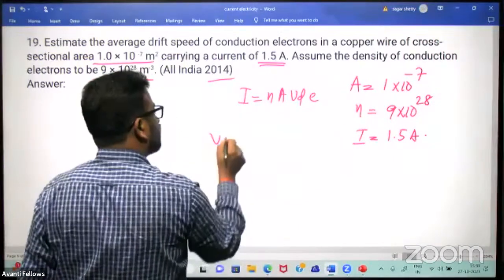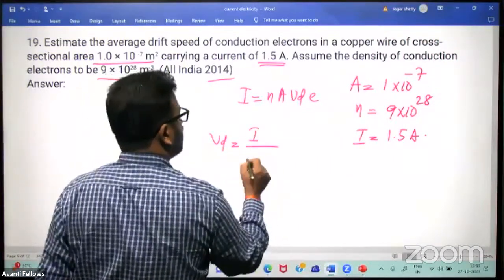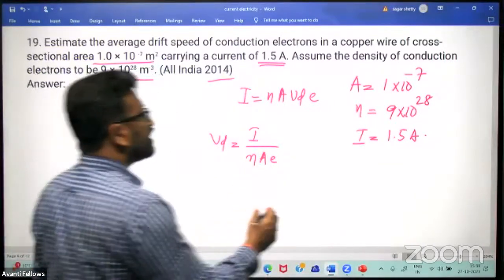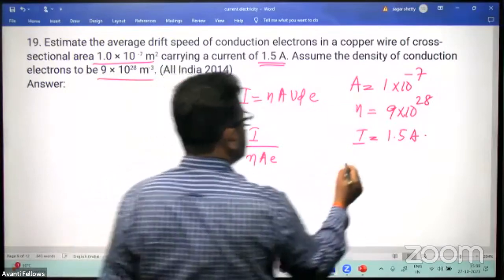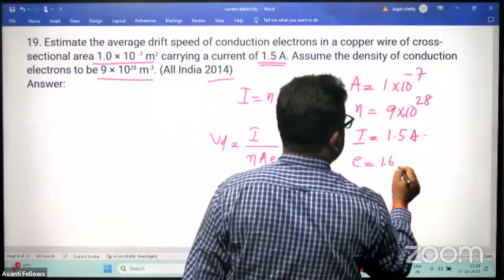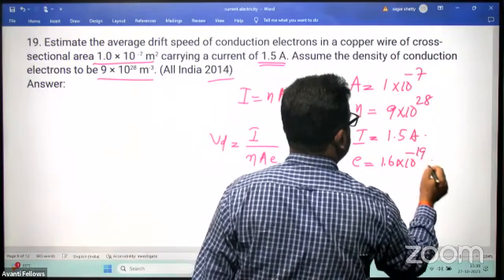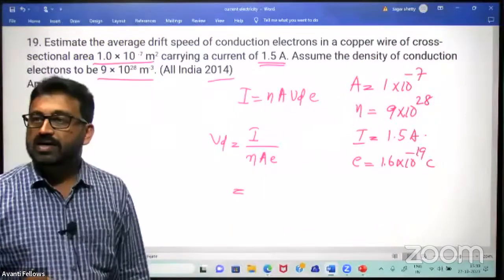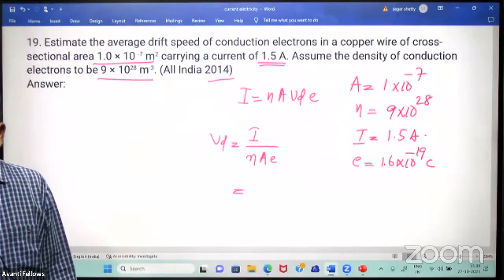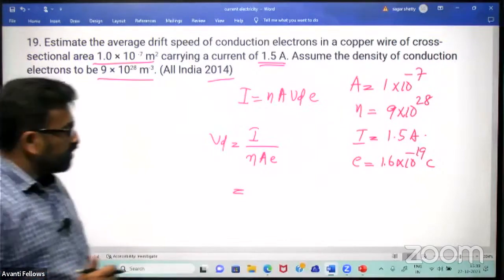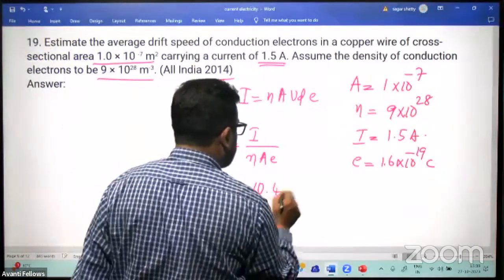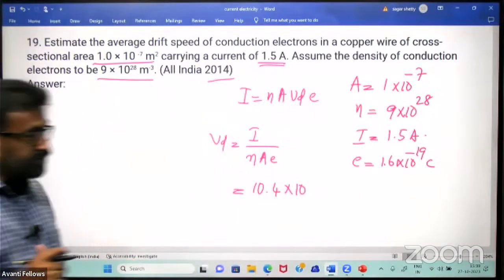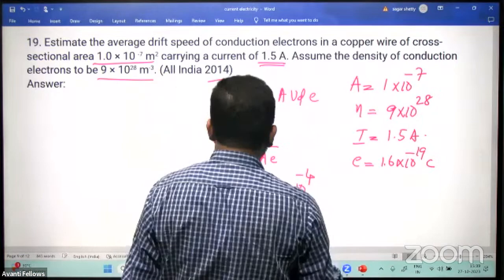So Vd equals I by N A E. N is there, A is there. Now E is required. E is equal to 1.6 into 10 power minus 19 coulomb. Substitute the values of I, N, A, and E, and you will get the answer: 10.4 into 10 power minus 4 meter per second.